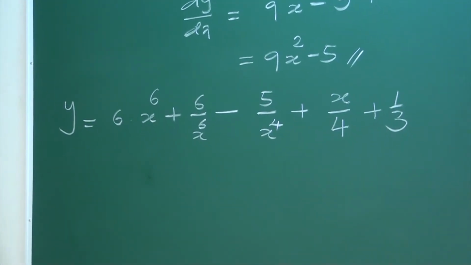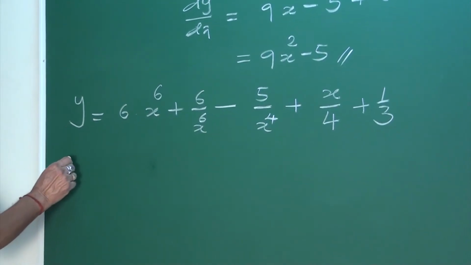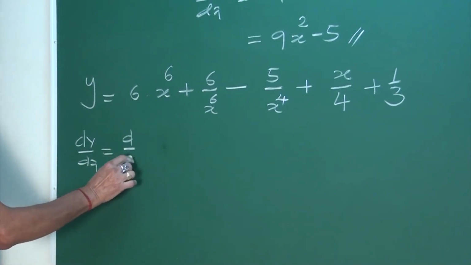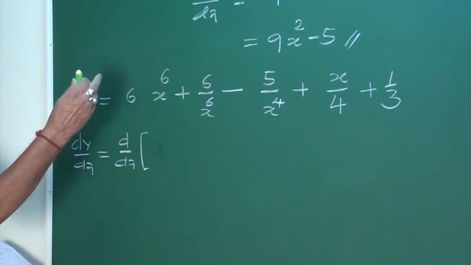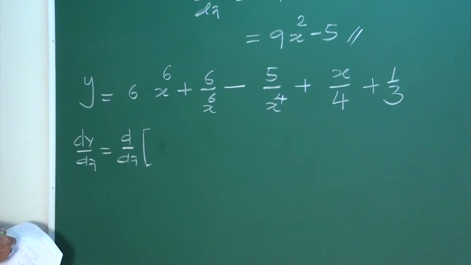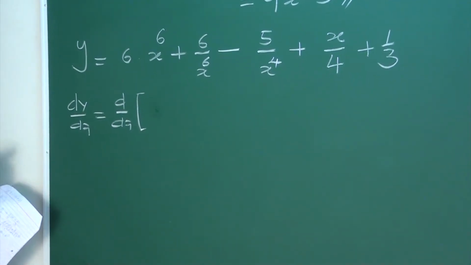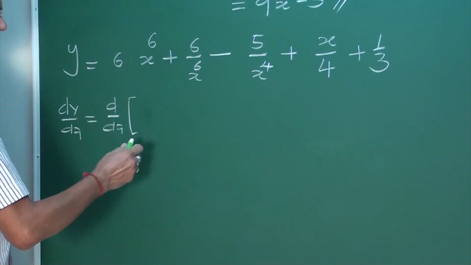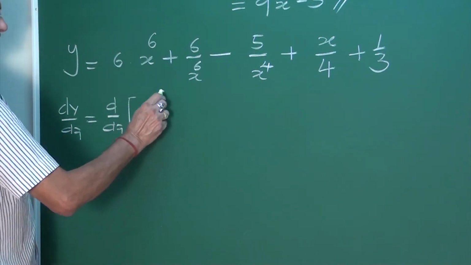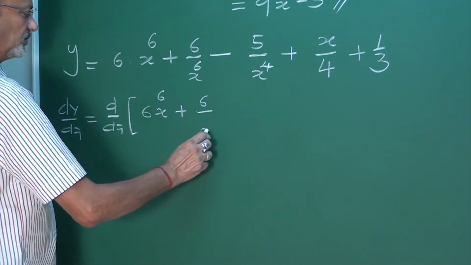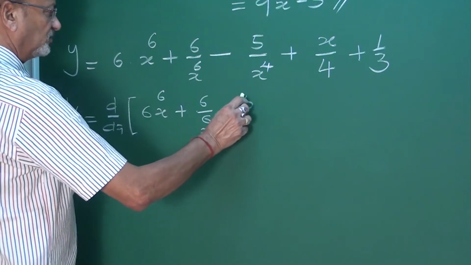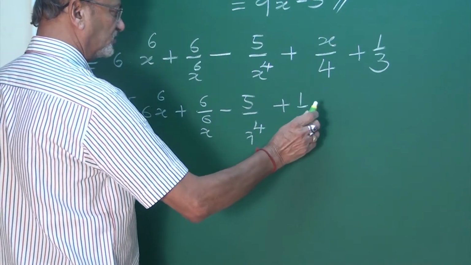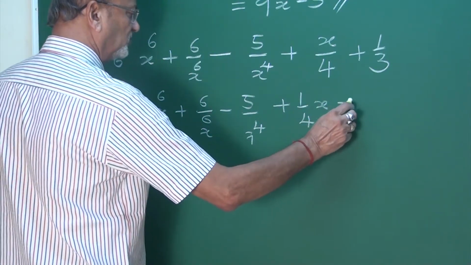Yes, you want dy by dx. I write like this. Differentiate: dy by dx equal to d by dx of all these terms, functions. dy by dx of 6x to the power 6 plus 6 upon x to the power 6 minus 5 upon x to the power 4 plus 1 by 4 into x, or x by 4, plus 1 by 3.